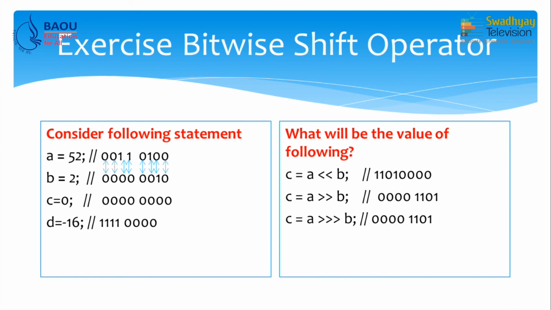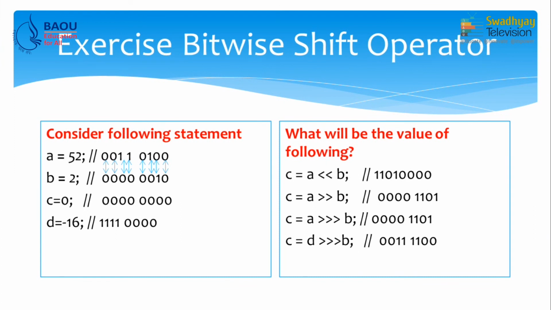Now, what is the difference between the second and the last operator? Generally, if the value is negative, it will be converted into positive. Here, this will again shift all bits of A by 2, so the result is the same as the previous example, but what will happen if the value is negative?